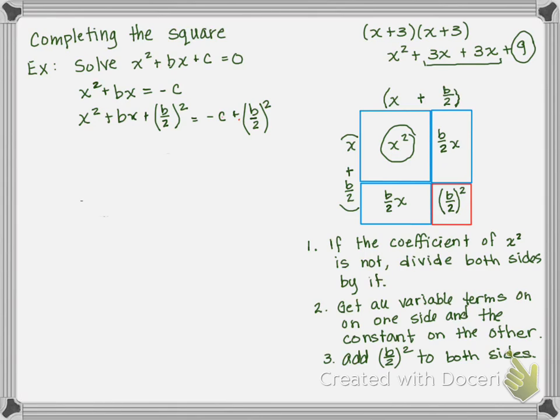And then we have to factor the left side, right? Because that's the whole point of this, is that we can factor the left side as a perfect square.